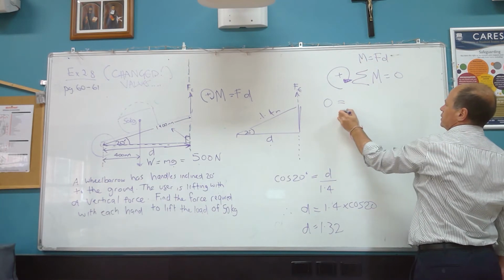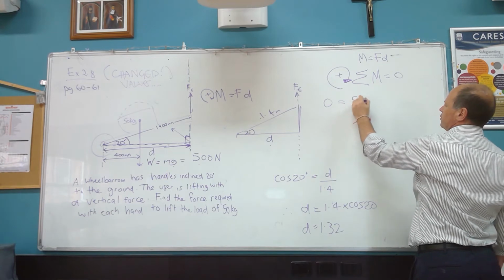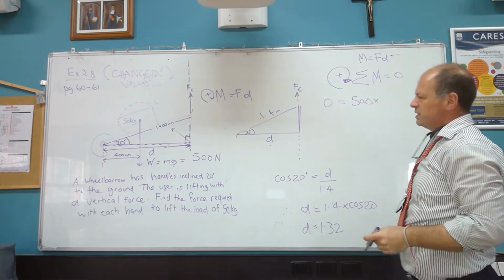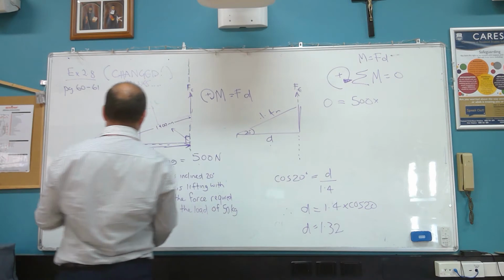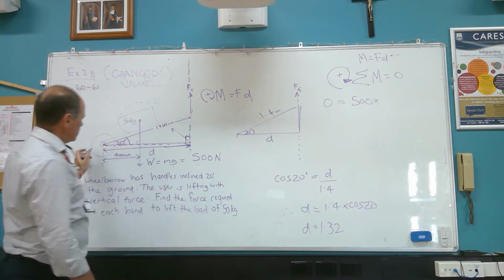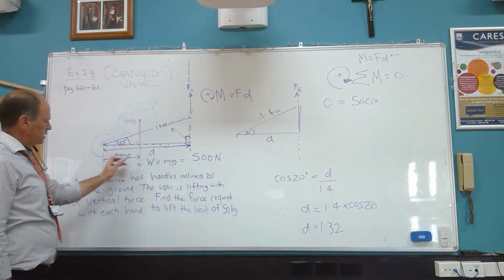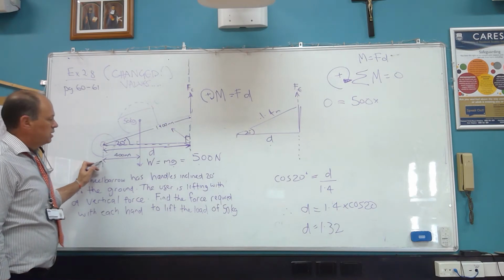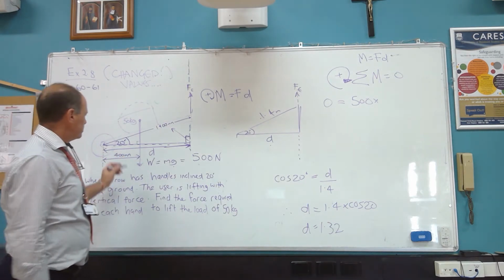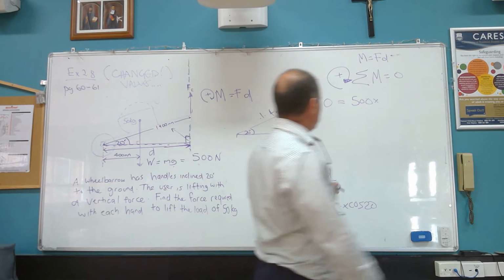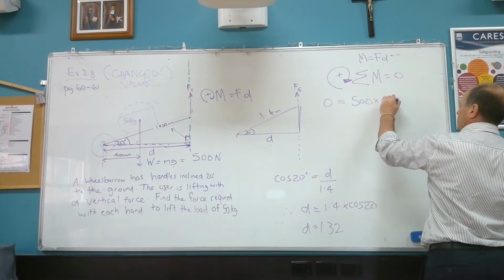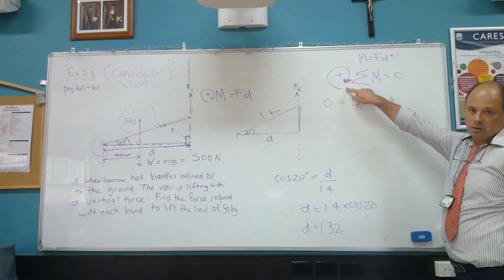So for this one, we're going to go 500 times, what's the distance? The distance is the perpendicular distance from the pivot point. And in this instance, they've given us the perpendicular distance, okay? It's 400 millimeters. So we need to write that 400 millimeters as meters. So it's 0.4. And it's going to be positive because it's clockwise.